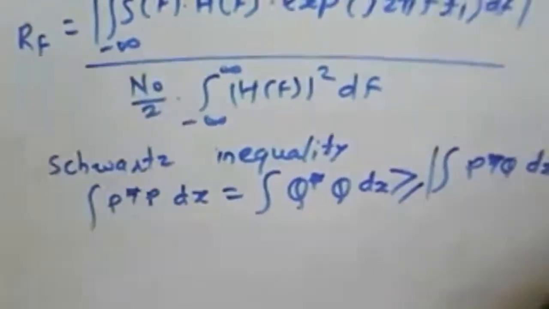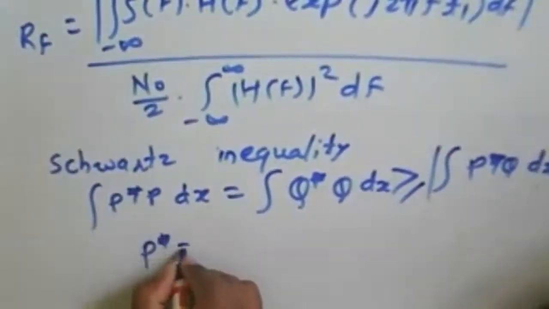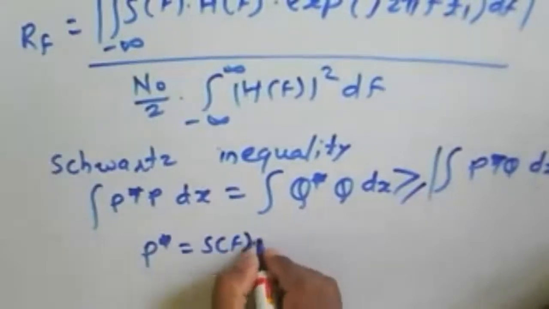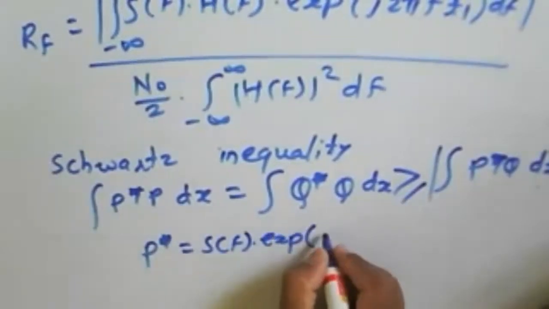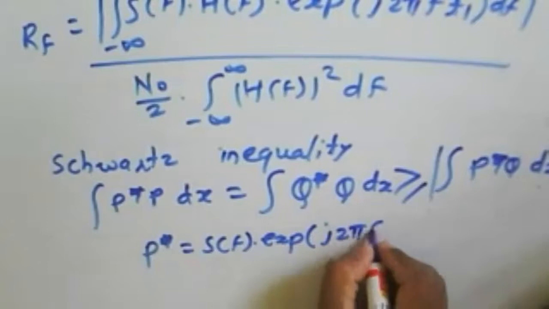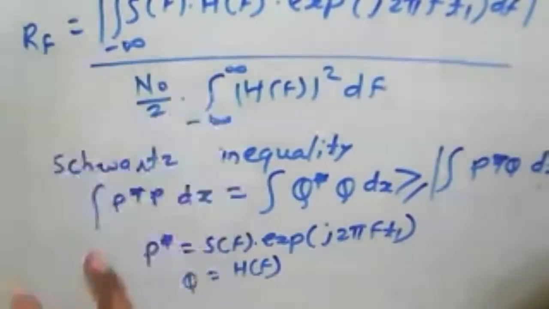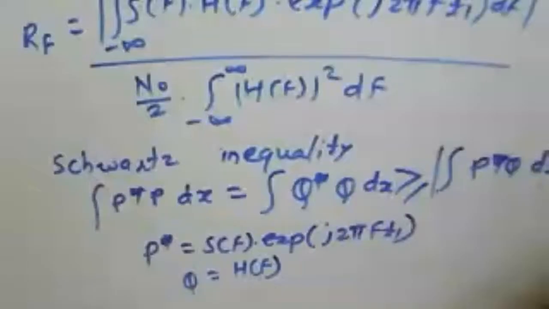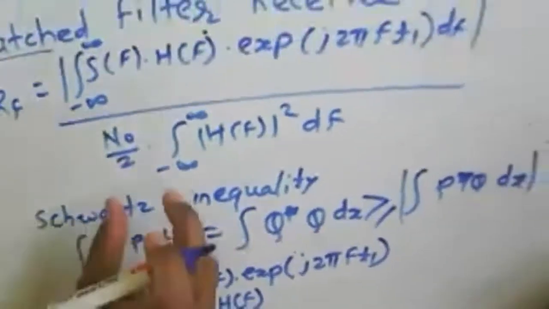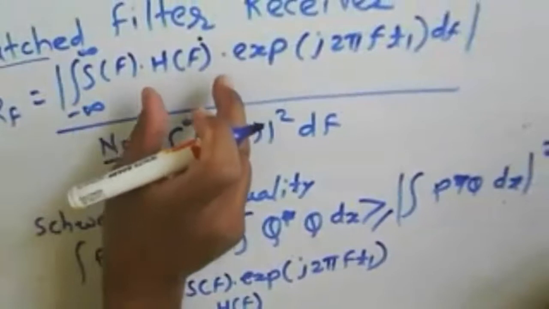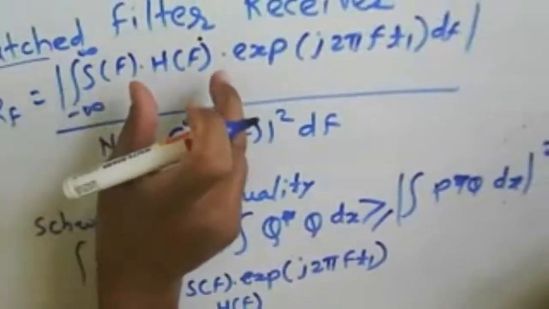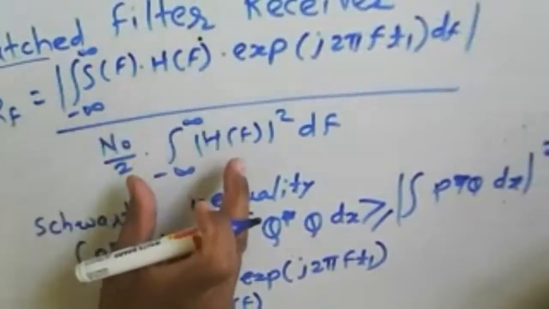So we can use p complex conjugate equal to S of f exponential of j twice pi f t1 and q equal to h of f. If you put this in the equation of R of f, then S of f and h of f are separated out.